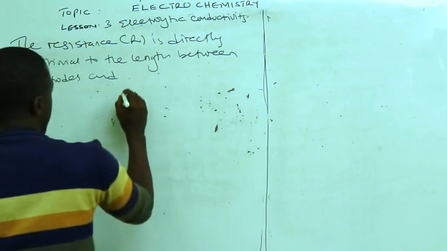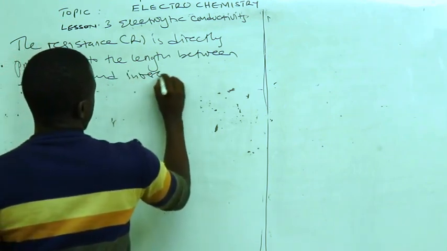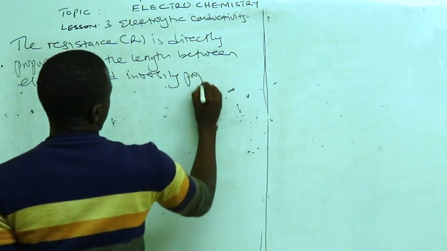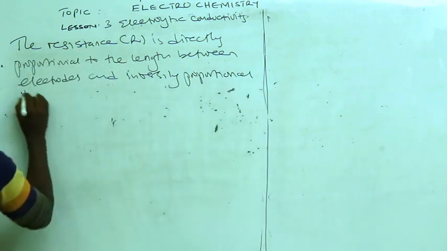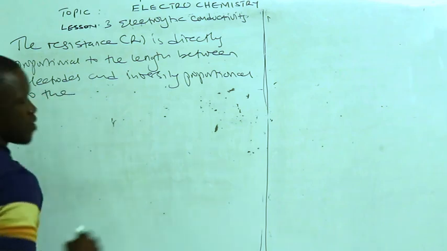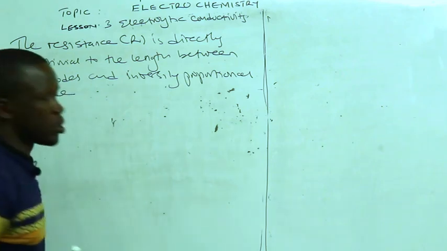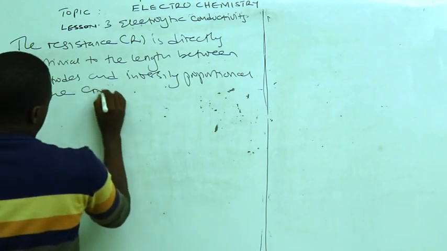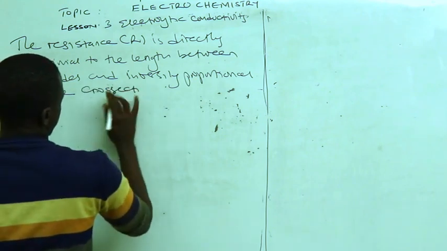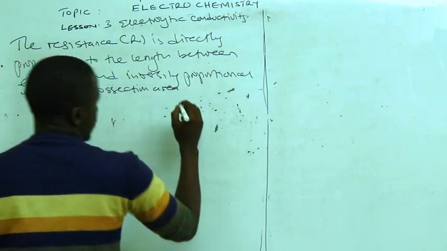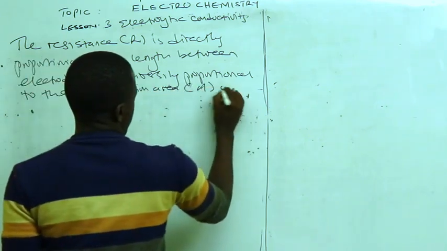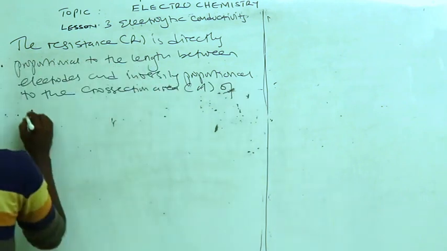and inversely proportional to the cross-section area of each electrode.